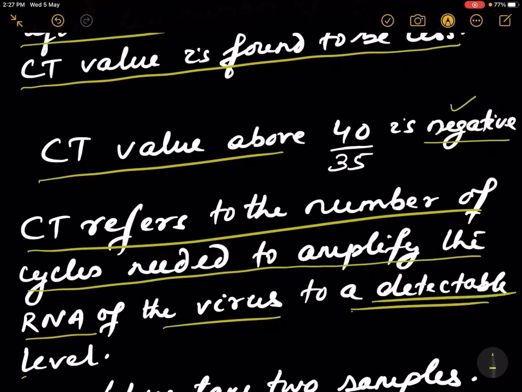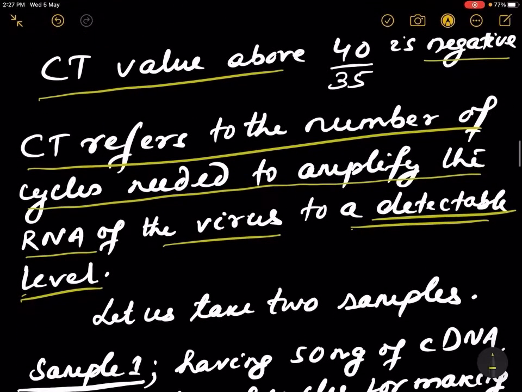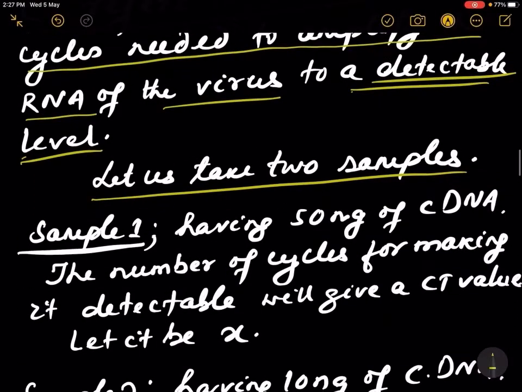Let us take two samples. In sample 1, there is 50 nanogram of cDNA, or you can say DNA.